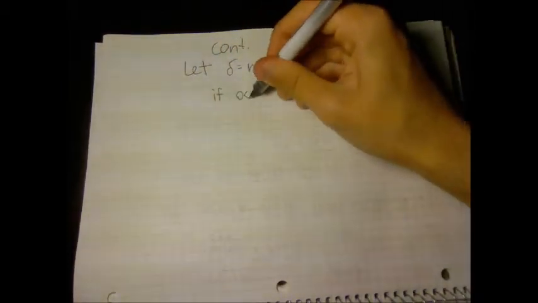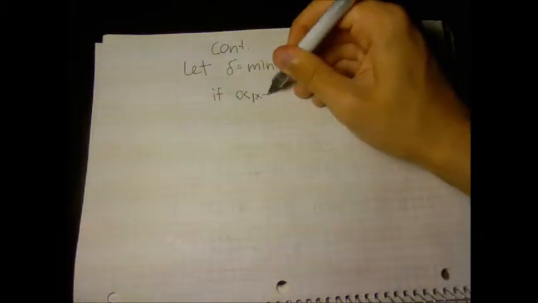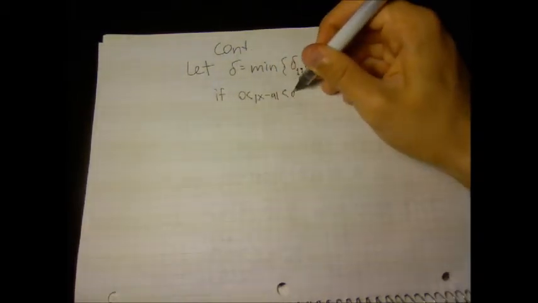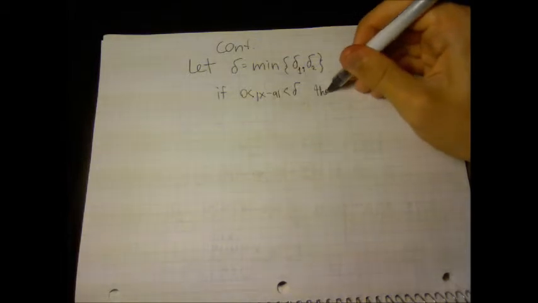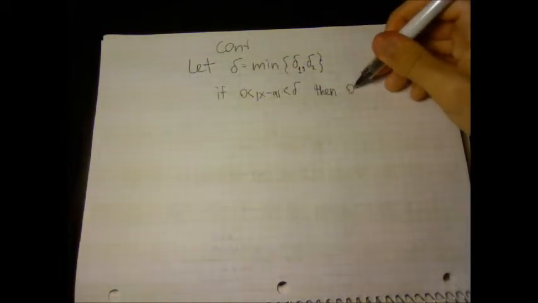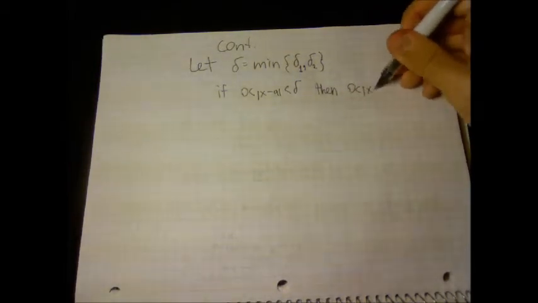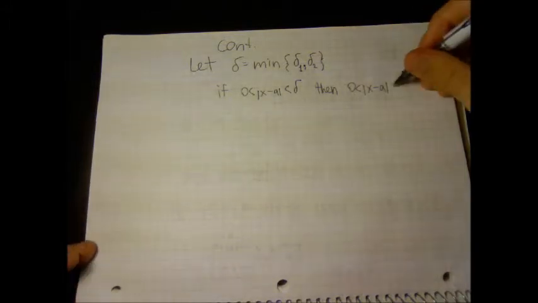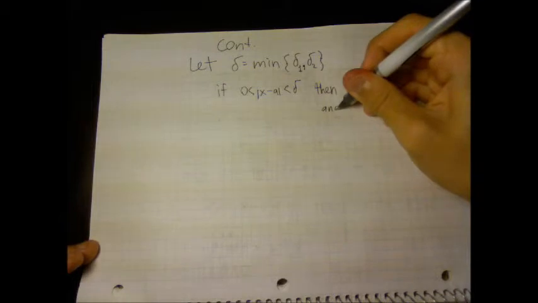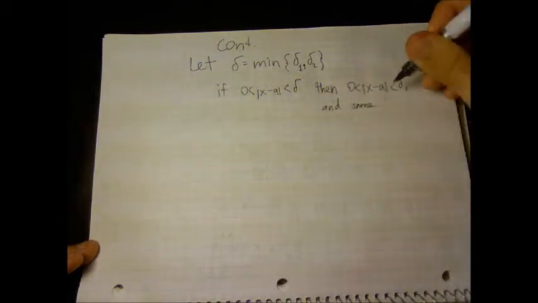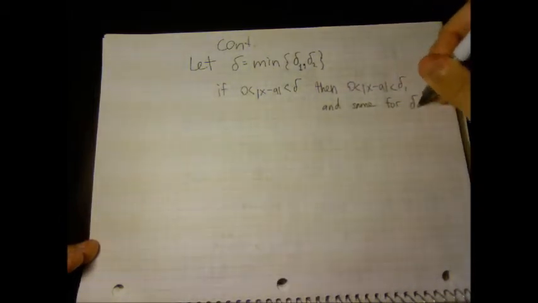Using this definition of minimal value, which is very convenient, we can see that in this case the absolute value of x minus a will be less than delta, which is part of the definition. Then it will also follow that it is less than both delta 1 and delta 2 because it is part of the minimum requirement.